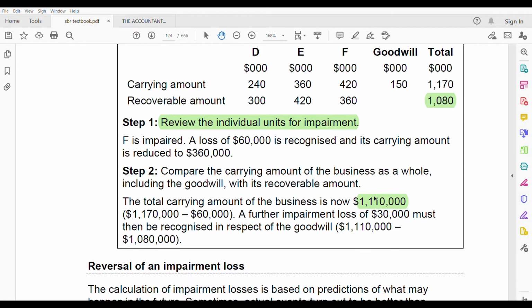So that means there's a further impairment loss of 30,000 that must be recognized in respect of the goodwill. Now the goodwill has been impaired, because the recoverable amount in total is less than the carrying amount.